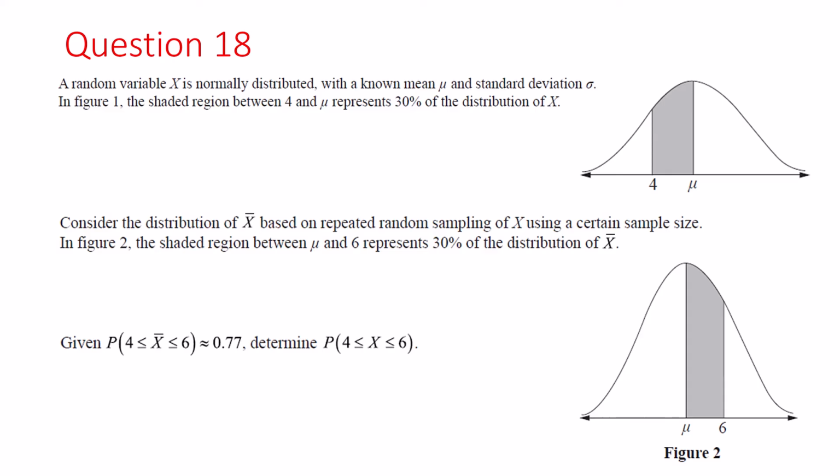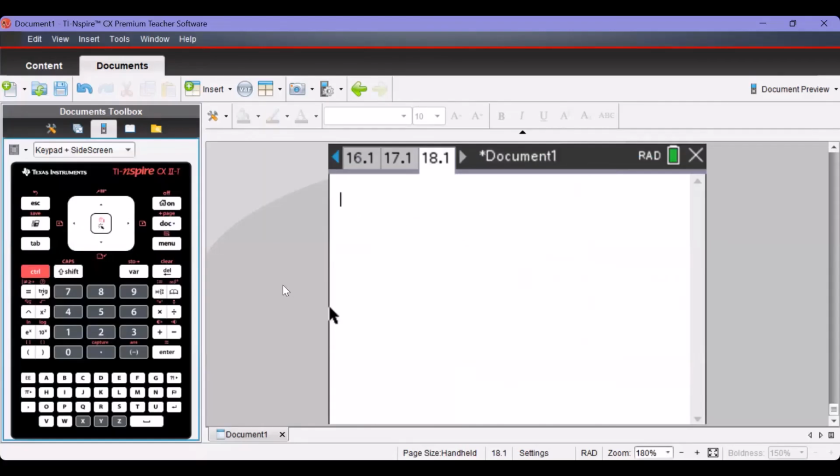And as a decimal, that's negative 0.8416, etc. From the second diagram, we can form a second equation, and that second equation is (6 - mu)/(sigma/root n) is equal to the inverse normal of 0.8, which as a decimal is 0.8416, etc.